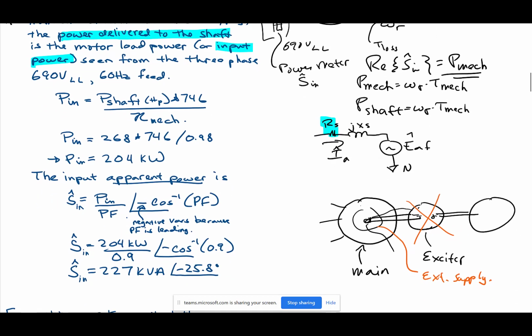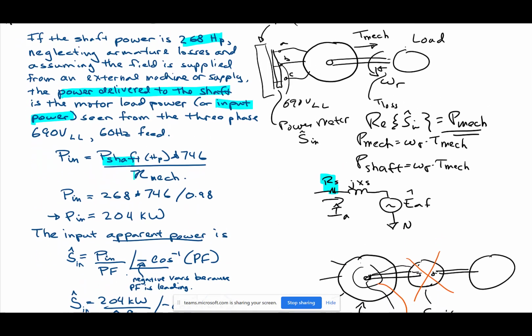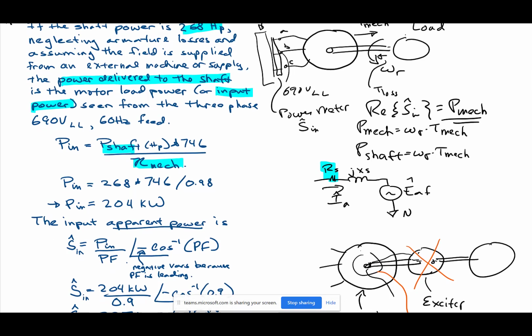And that's what we do right here. We say, let's take the P shaft. We know that is giving us 268 horsepower. There's a mechanical efficiency because of the losses. So that means we have to have more power. Taking the P shaft divided by the efficiency, that's P mechanical, that's applied to the shaft.